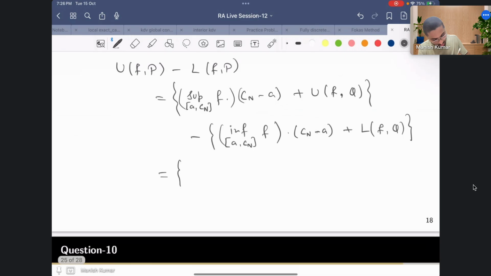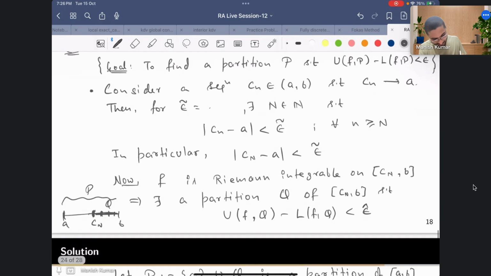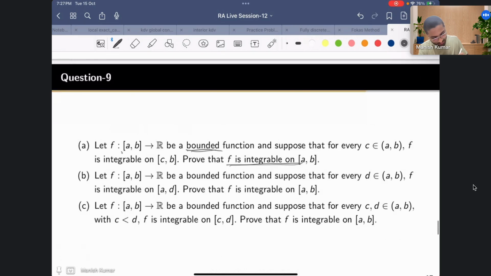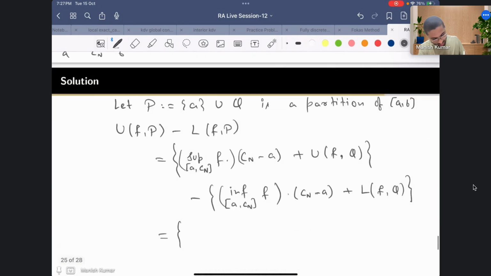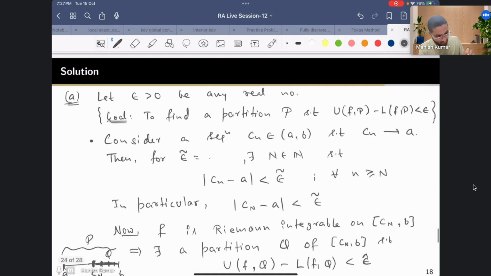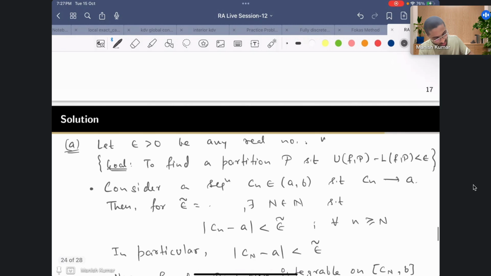Okay, I have not denoted it, so since this is a bounded function, let me mention it somewhere. So I am assuming that m is the infimum of the function, m less than f of x for all x in AB. Okay, this is because f is given to be bounded.